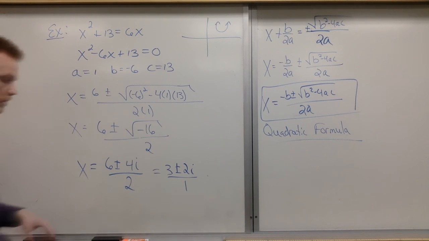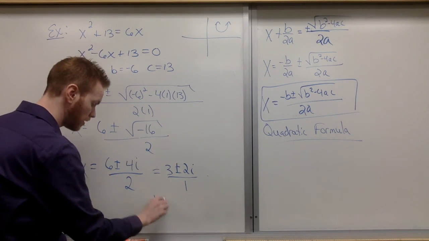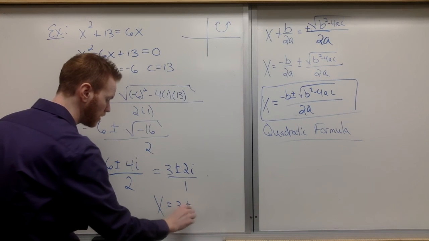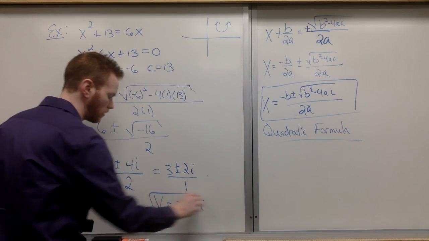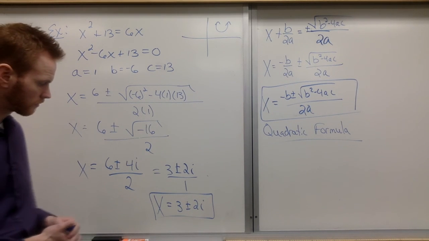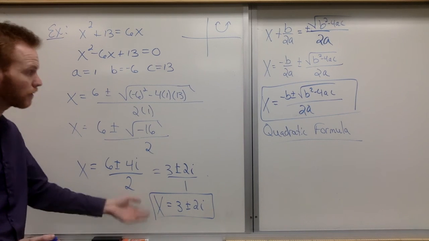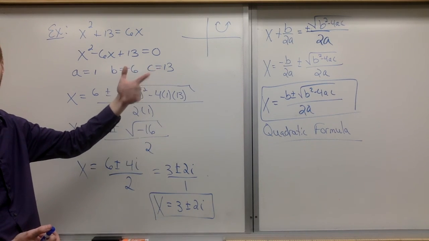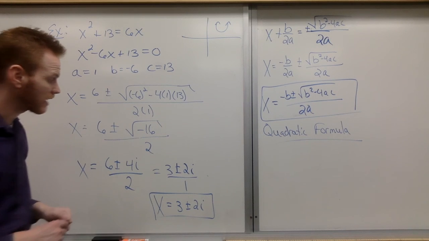So now I'm going to simplify this even further. My x value could be 3 plus or minus 2i. I don't need the fraction no more. So those are my 2 roots for this one. That's it. And that verifies because we said that the graph is more than likely not hitting the x-axis.